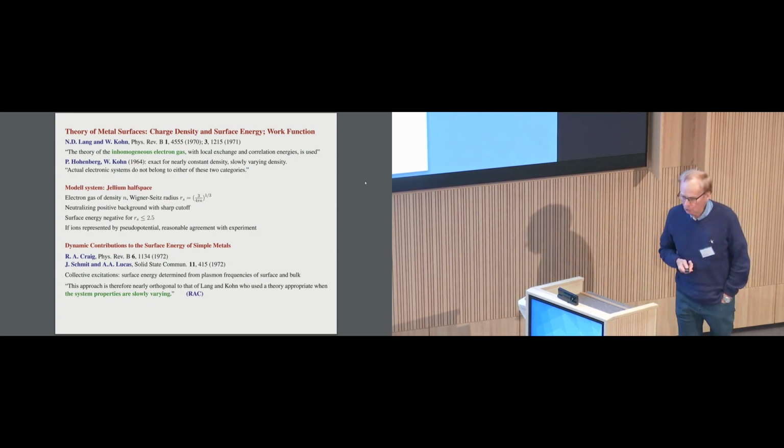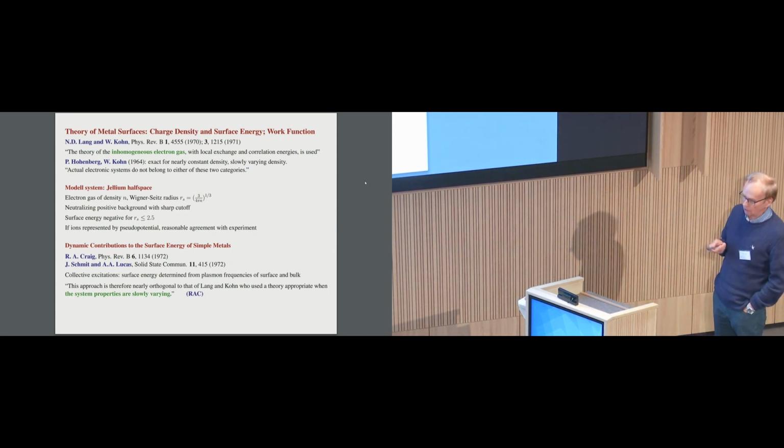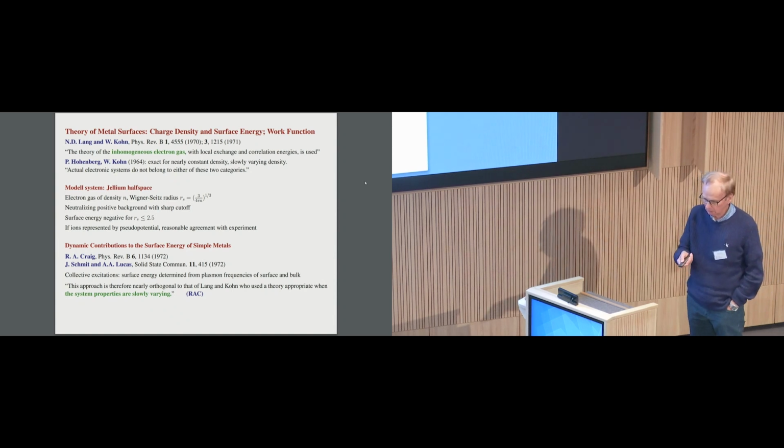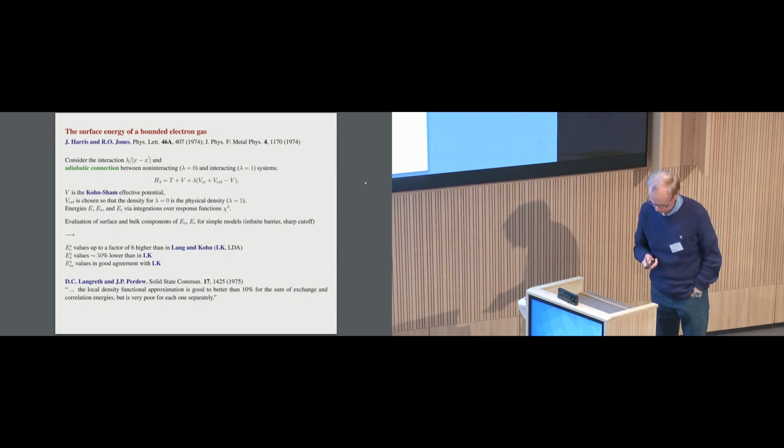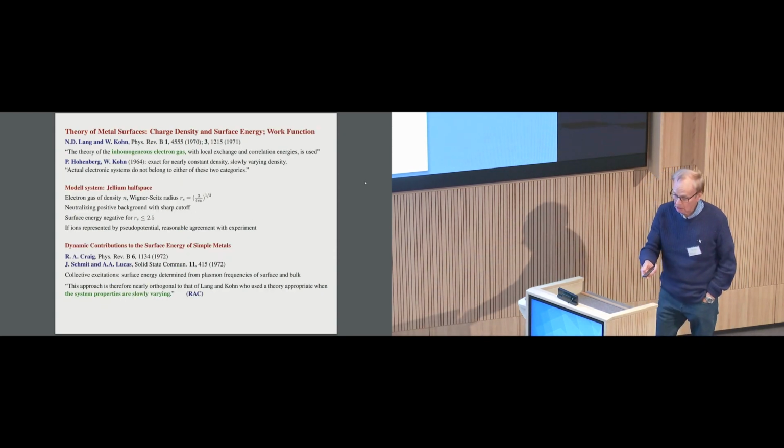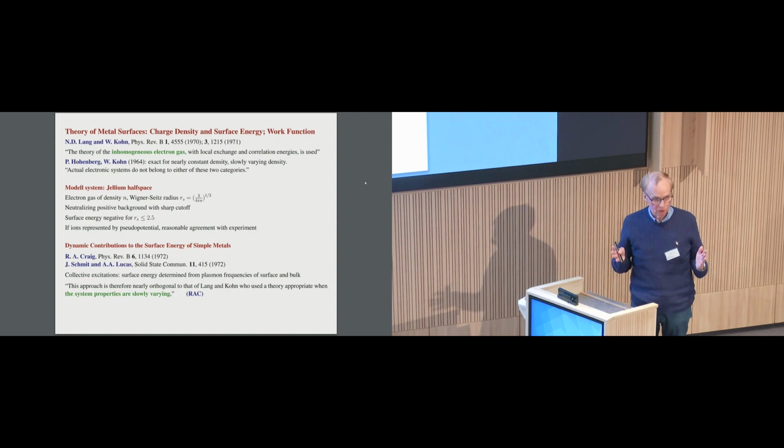Norton Lang and Walter Kohn had done a calculation on a model system, a jellium half space, where you have a gas of electrons of a certain density, there is a neutralizing positive background with a sharp cutoff.